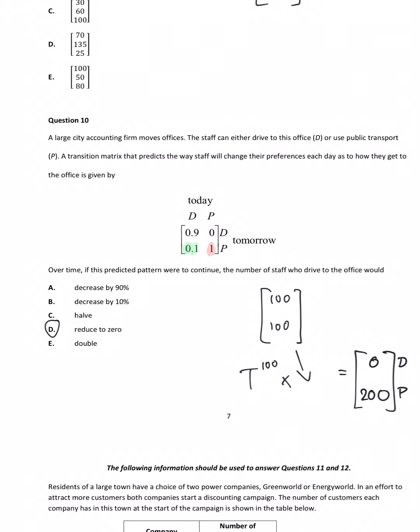So if they're contributing 10% each day, and all the ones who are in public transport will stay, if you keep doing that each day, the drivers will get lower and lower. Those in public transport will stay. So that's another way of looking at it, just looking at that transition matrix to see the numbers as well.